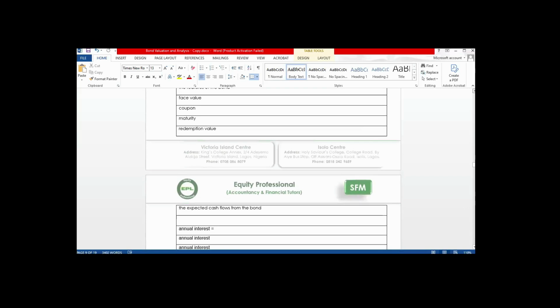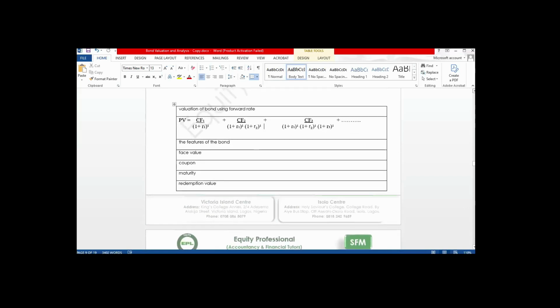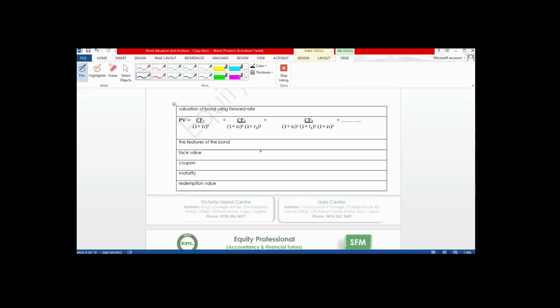I like to itemize the features of the bond we are dealing with, so as to help me and my students. Now, let us itemize features of the bond.